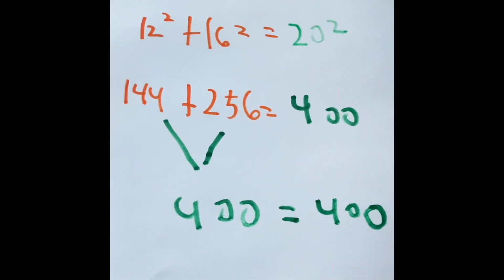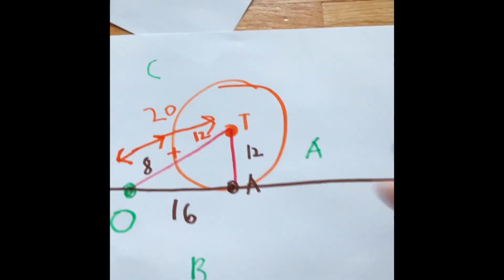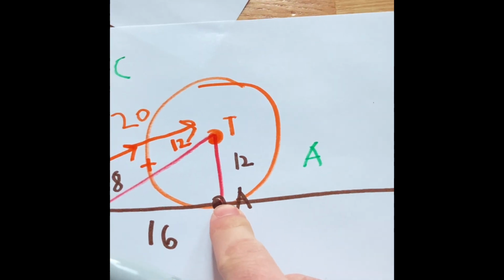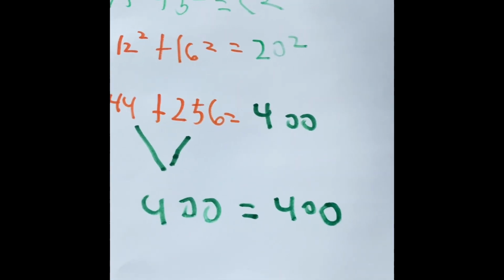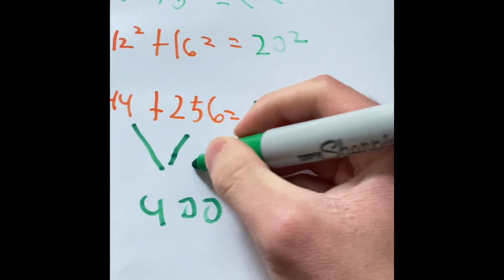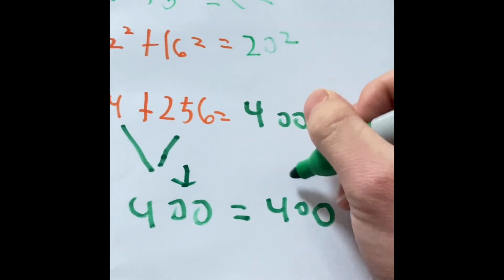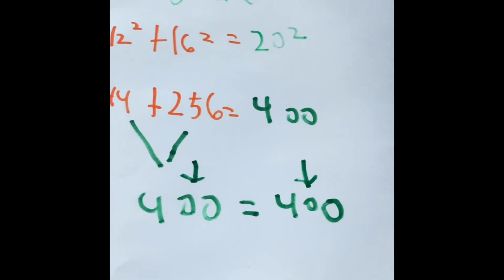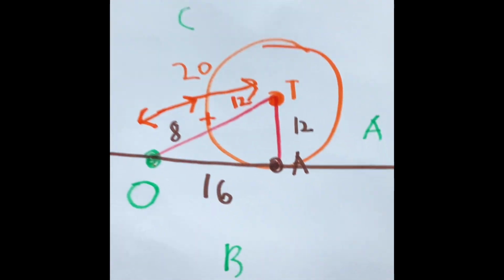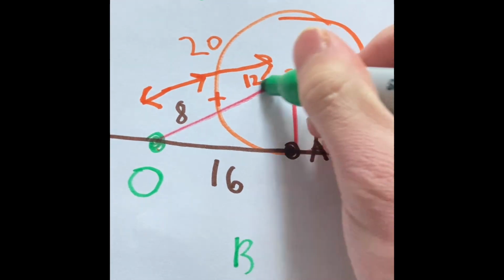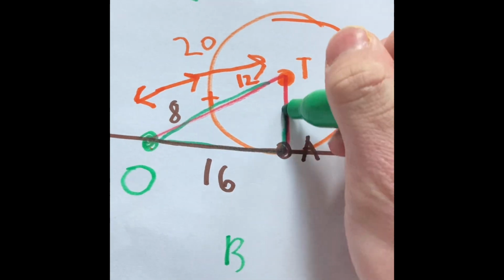If no, then this is not going to be perpendicular. If yes, then yeah, this is perpendicular. So 400 equals 400? Well, in this case, yes. So we have now proved that this right here is a right triangle.